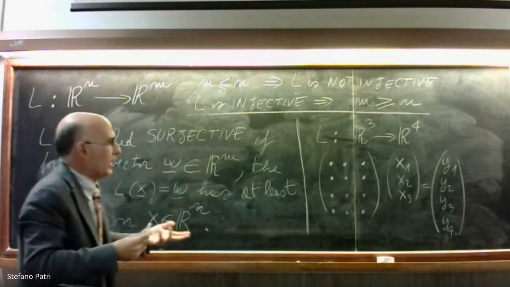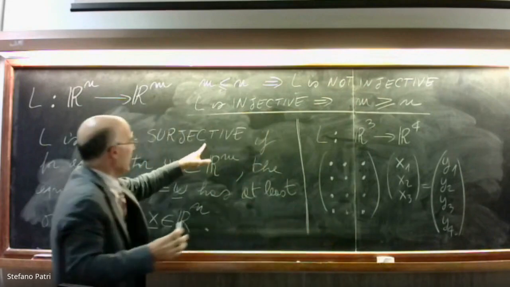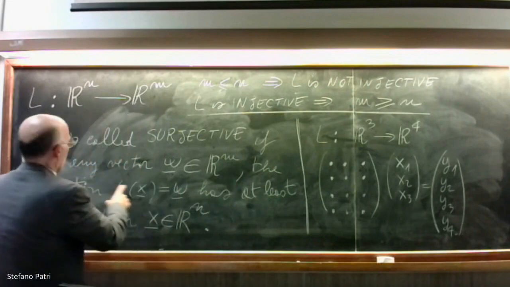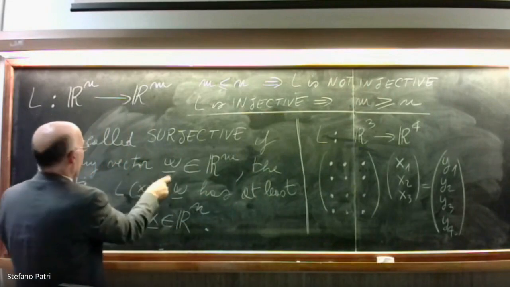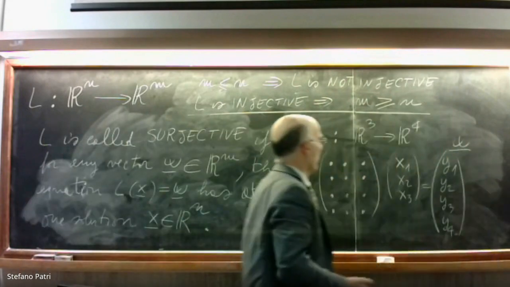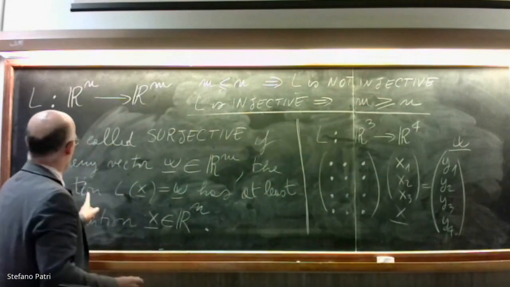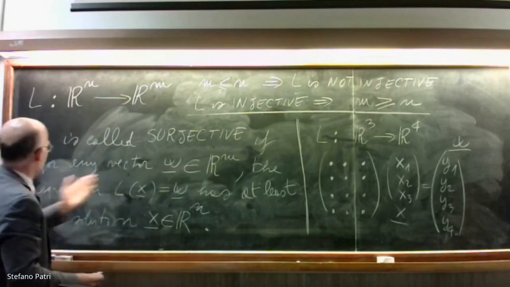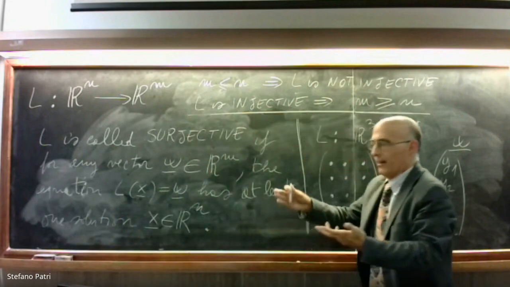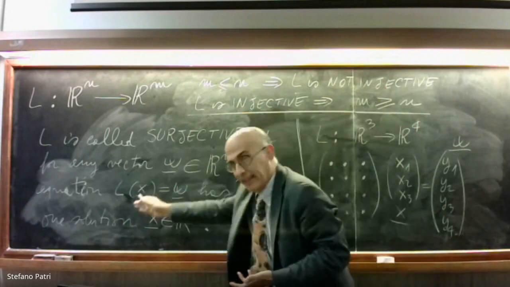Why? Because what is the rank of this matrix? The recap for the surjectiveness is: for any vector W, this is the vector W, this is the vector X, this vector equation, or the system, is a linear system.